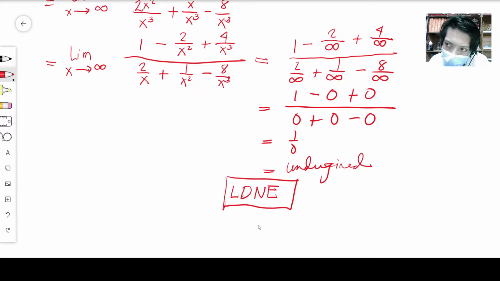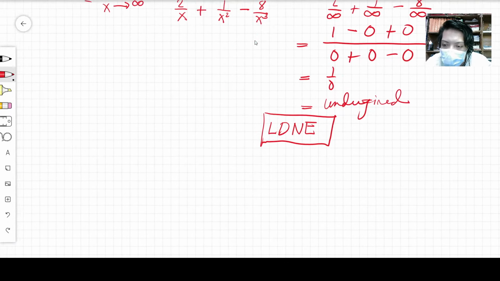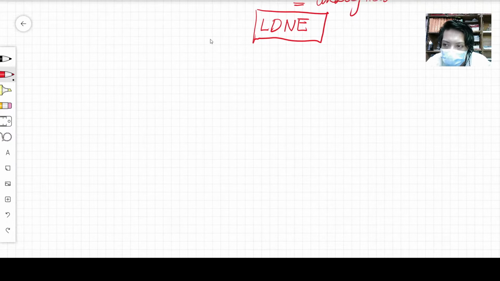Although, to the right of infinity is another infinity, and to the left of infinity is another infinity. So you cannot actually use the principle of the right-hand limit and the left-hand limit. So this is how you do it when you are dealing with this type of problem, a function as x approaches infinity.